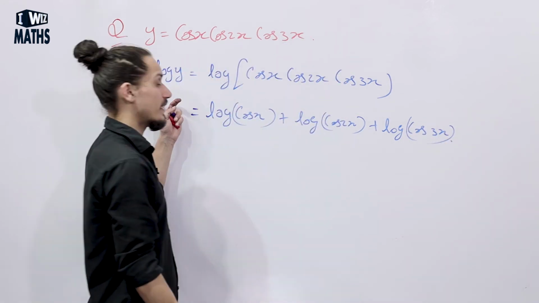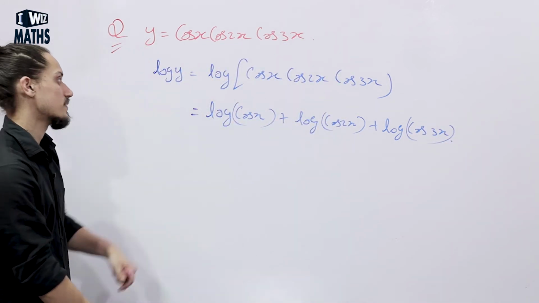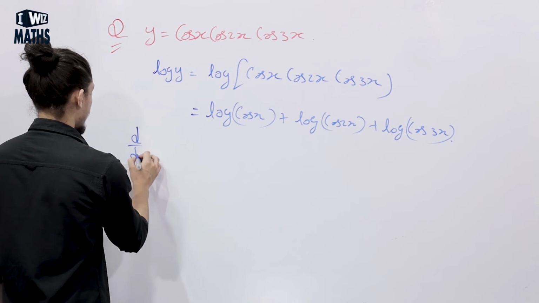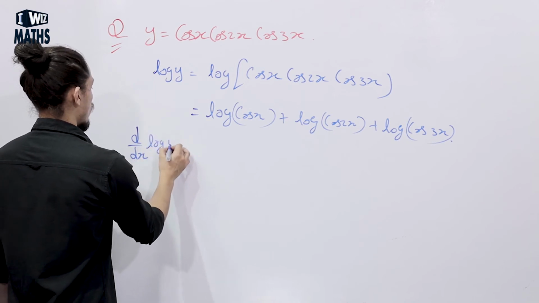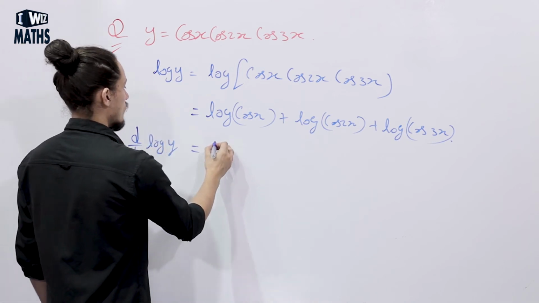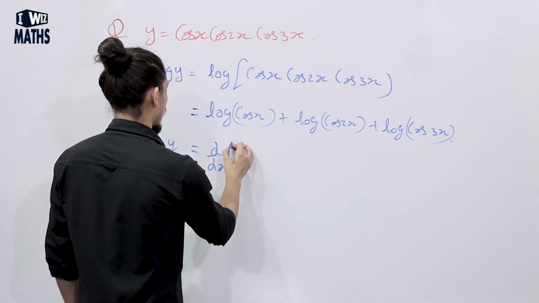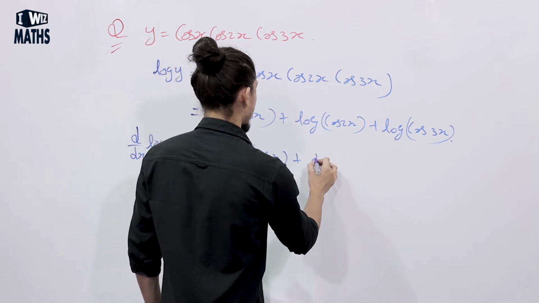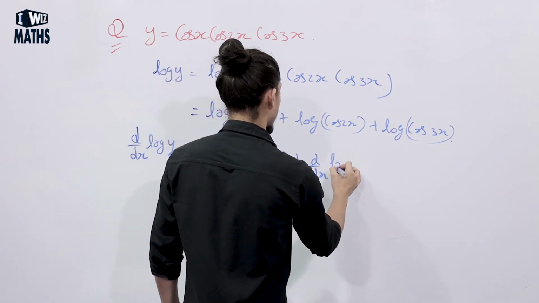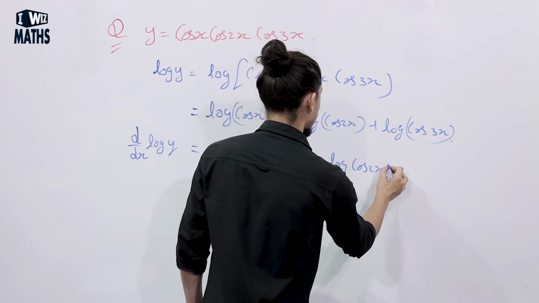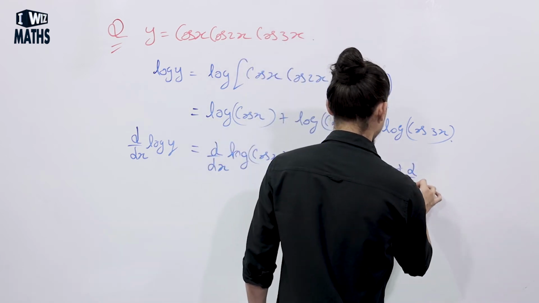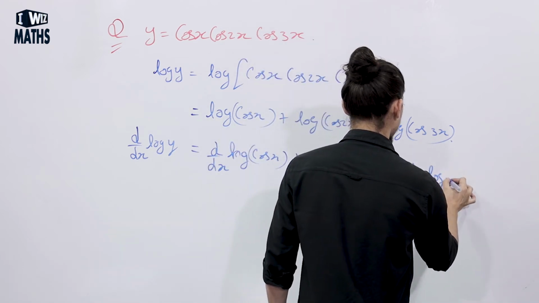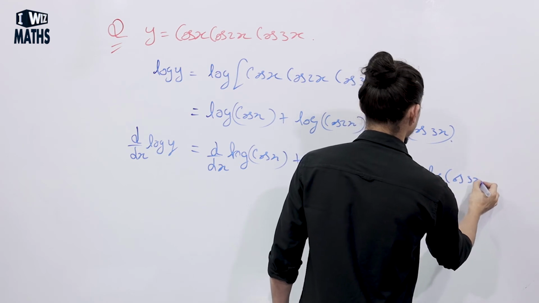Now taking derivative with respect to x on both sides, we get d by dx of log y is equal to d by dx of log cos x plus d by dx of log cos 2x plus d by dx of log cos 3x.